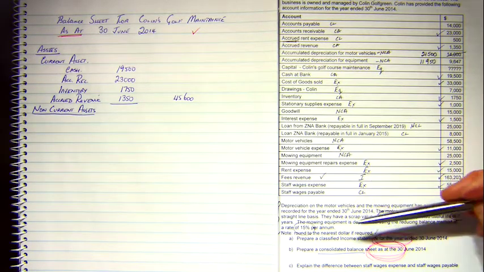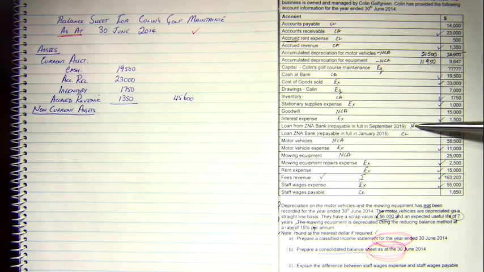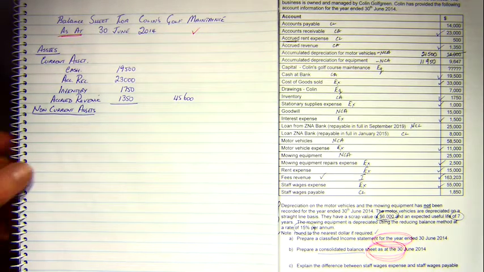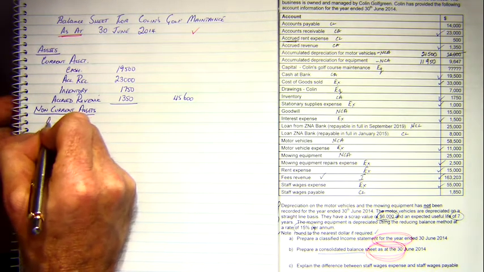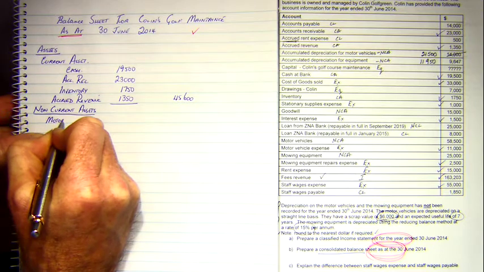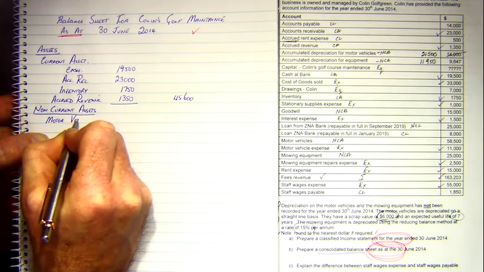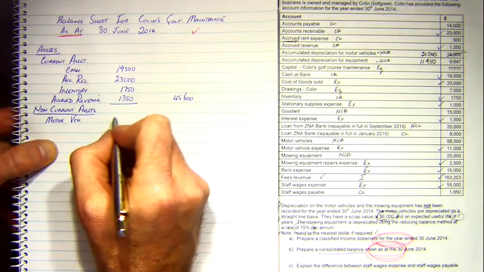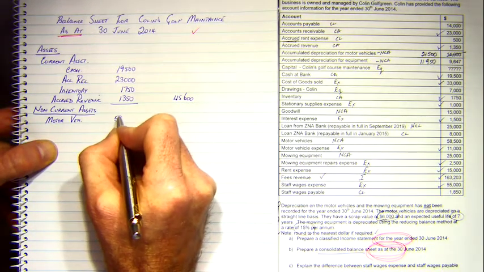We've got mowing equipment, motor vehicles. Anything else? Goodwill. All right, we'll put our motor vehicles in first. So my motor vehicles, and the cost of my motor vehicles was 58,500.